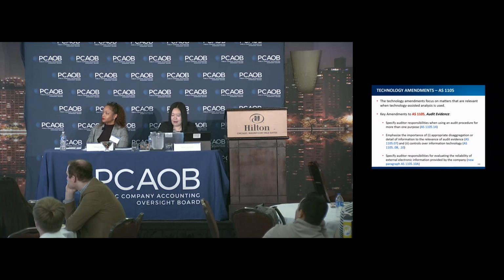Next, several amendments were made to the description of both relevance and reliability of audit evidence. The amendments emphasize the importance of appropriate disaggregation or detail of information to the relevance of evidence, and the importance of controls over information technology and automated application controls to the reliability of the evidence.